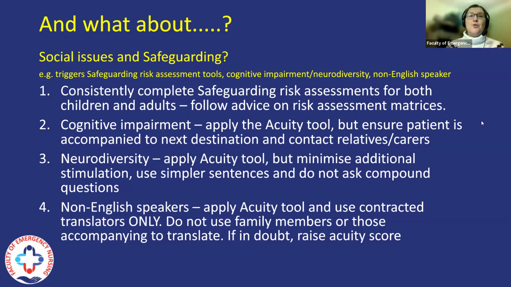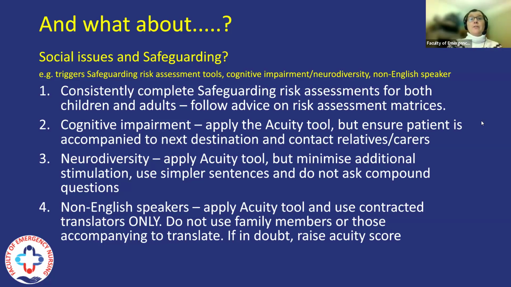Ask an HCA to escort them to the waiting room, escort them to secondary assessment, escort them to have an ECG, escort them into majors, whatever, and make sure the relatives or carers are contacted. And if there's relatives or carers with them, make sure they're briefed with what to expect as the next step and what to do if the person with a cognitive impairment needs further assistance or deteriorates.